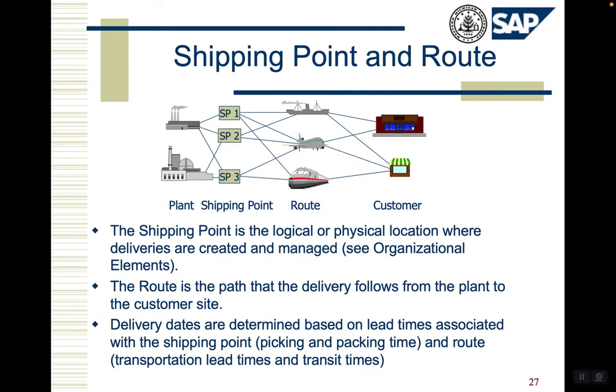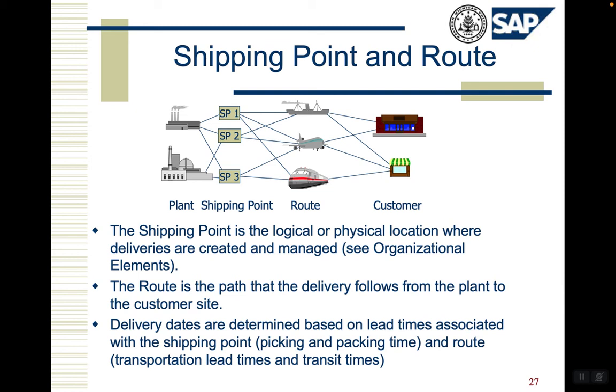All right. So we talked a little bit about the shipping point. This is really where we get into our delivery, which is, we figure out how the material is going to get to the customer. There's a variety of different ways: rail, ship, truck, or combinations thereof.